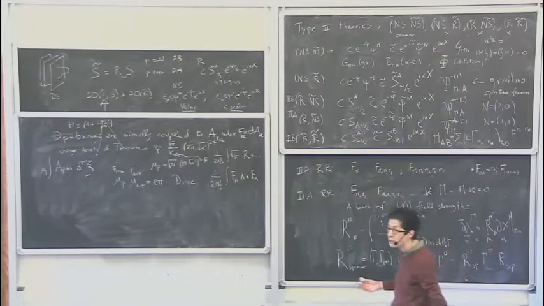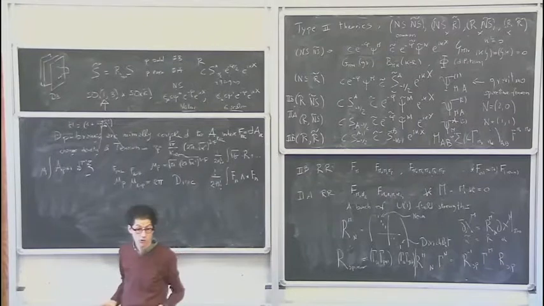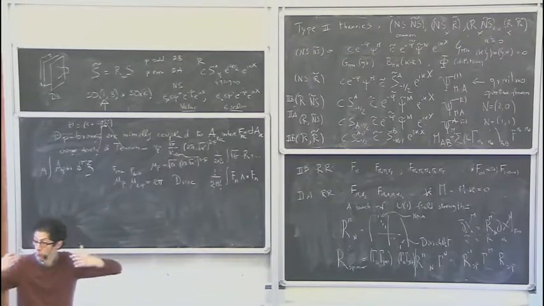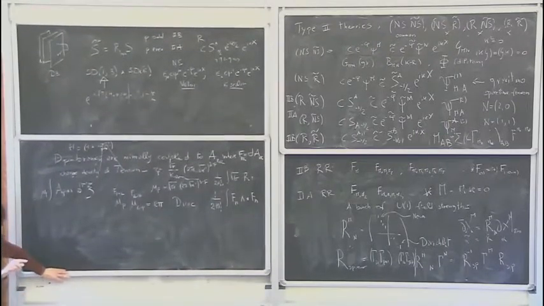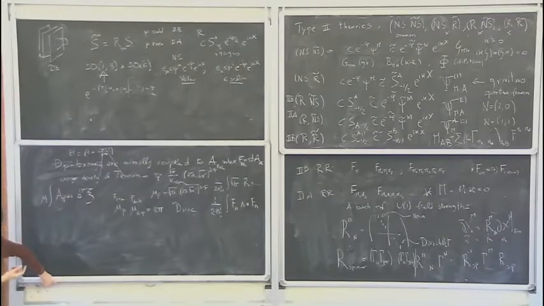And I said, well, a natural action is a generalization of the Nambu-Goto action, right? So you take the metric of space-time and you do the pullback. So you would say that the action should be the effective action of this extended object, right? That's the minimal thing.